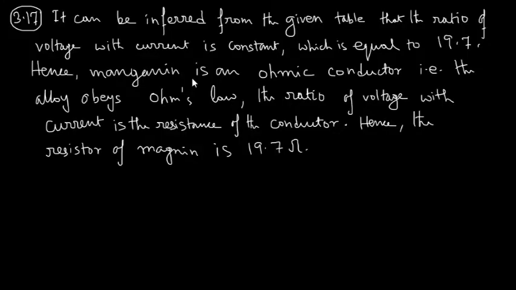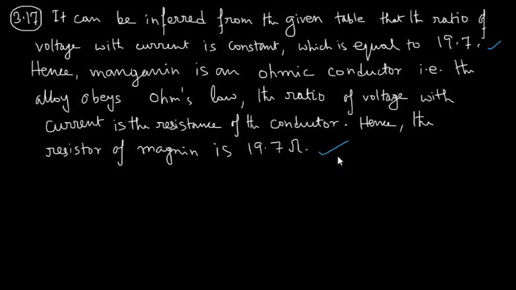It can be inferred from the given table that the ratio of voltage to current is constant, which is equal to 19.7. Hence, manganese is an ohmic conductor, that is, the alloy obeys Ohm's law. The ratio of the voltage to the current is the resistance of the conductor. Hence, the resistance of manganese is 19.7 ohm.